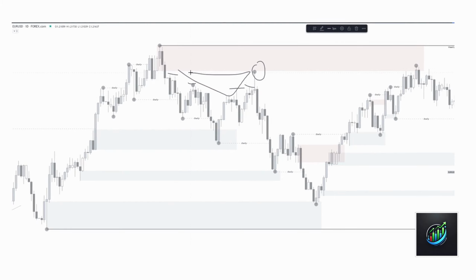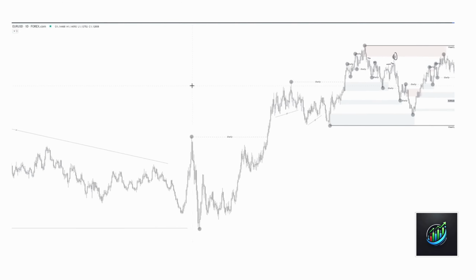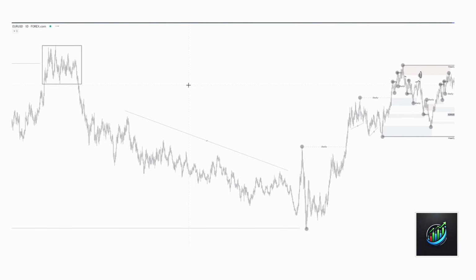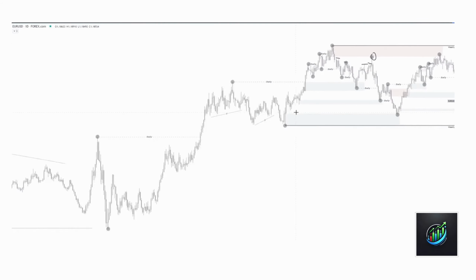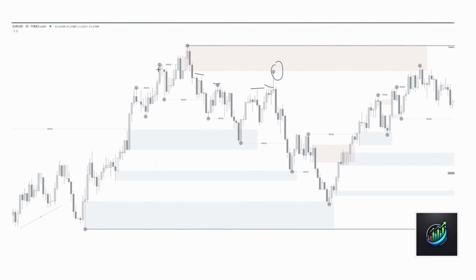We have a void in price. We have a supply zone. We have a shift in direction. We have a sweep of liquidity. And if we just move to the left, what we can see is we also have a catalyst of why price has shifted. We have a higher time frame supply zone that once price tapped into it here on the daily chart, we started to switch from bullish to bearish.